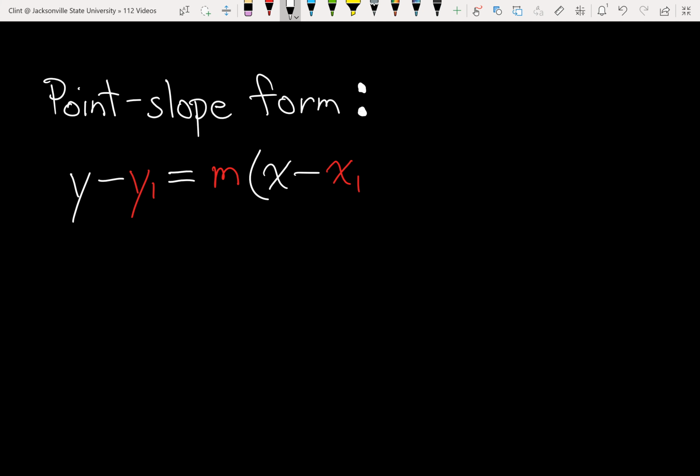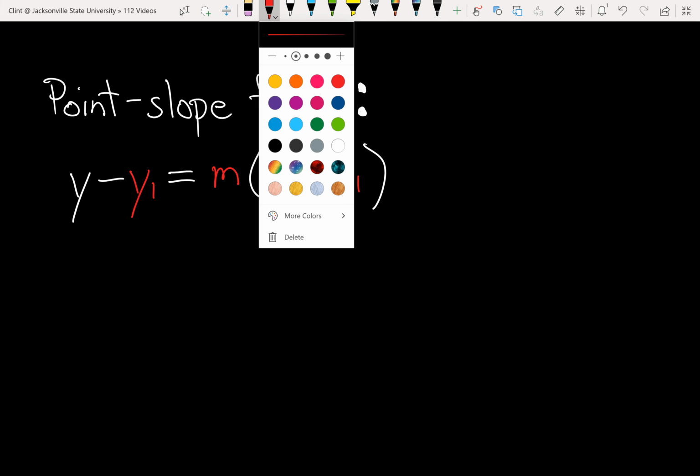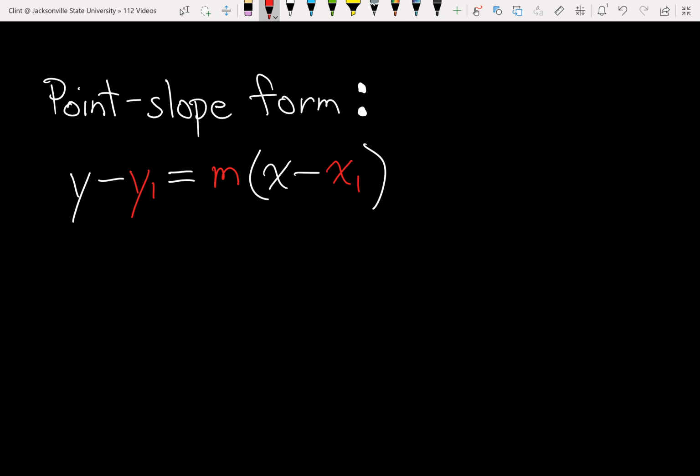I wrote those in a different color because those are the numbers that you're going to fill in. We need our slope, m, and then we just need an x1 and y1 that come from some point that's on the line.